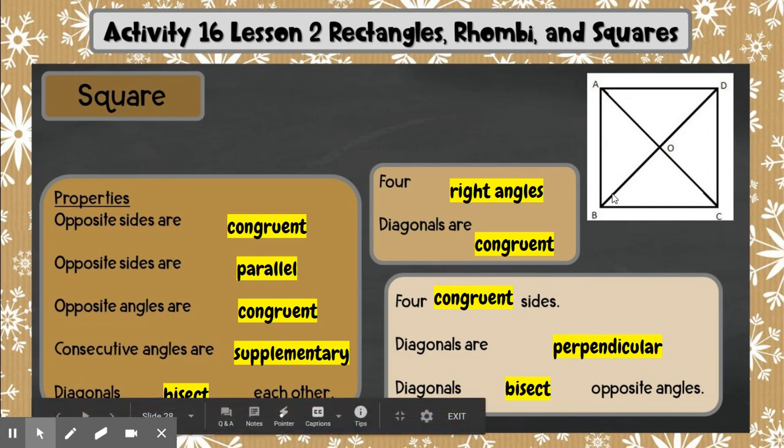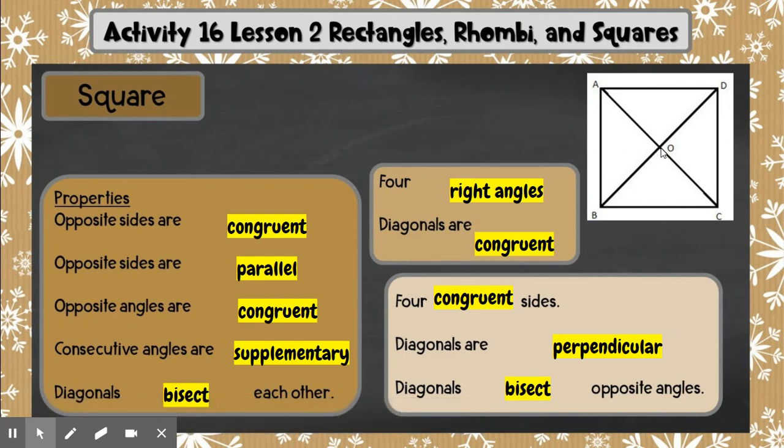So not only are these corners 90 degrees, but ABO, this part right here, is cut in half. So this would be 45, this would be 45. And you'd have those in other places since these angles are bisected by the diagonal.